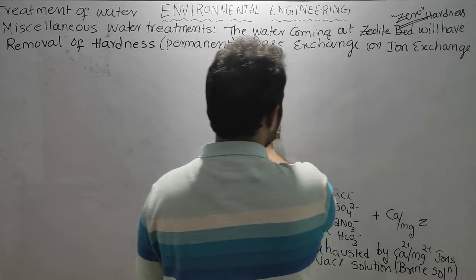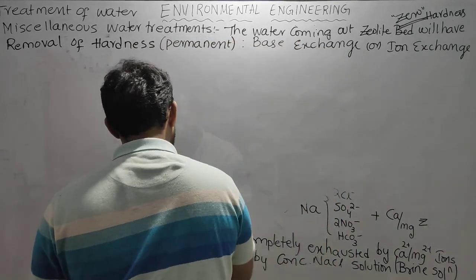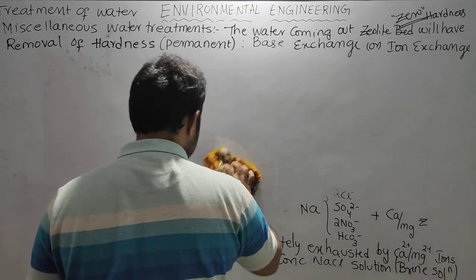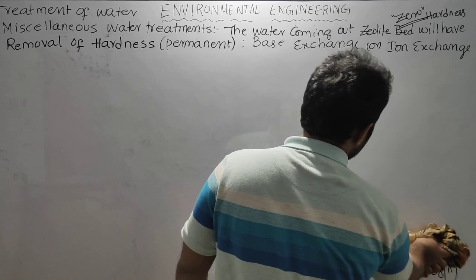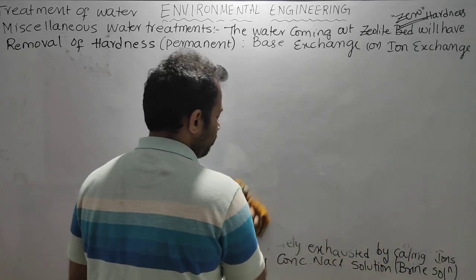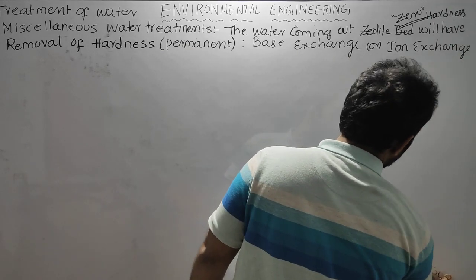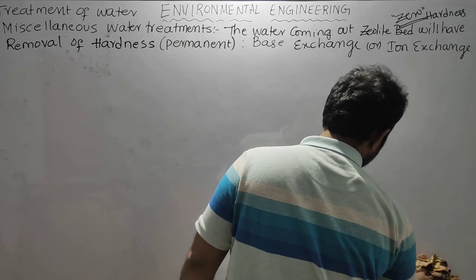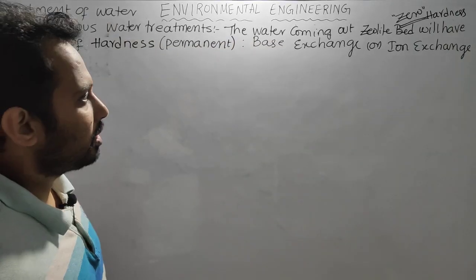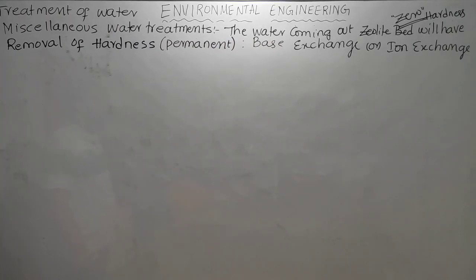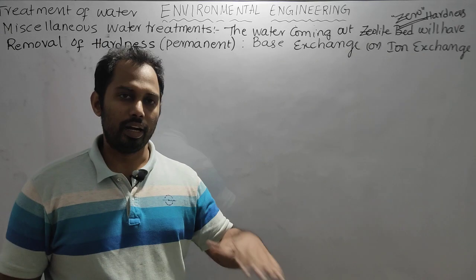So generally what we do is we do the lime soda process to bring the hardness to a considerably lesser value. If the hardness is very high, first we send it into the lime soda method, reduce the hardness to some extent, and then go for the zeolite method, where we need very little hardness.